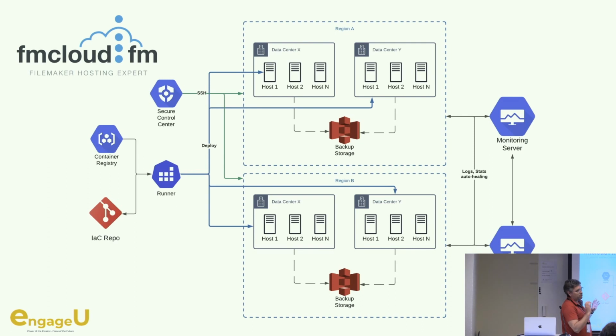Which means that we create configuration files, we push them in a Git repository. We have a small robot, a runner, which reads the configuration and says, okay, you need a new server on this data center, this host, and then it spins up the server. Well, the process takes one minute.